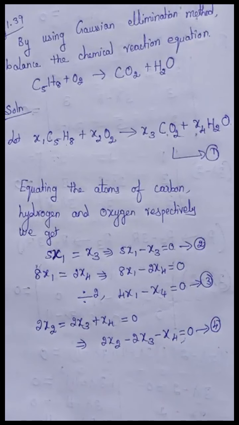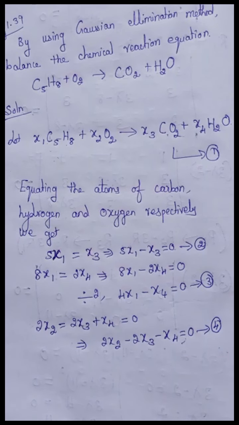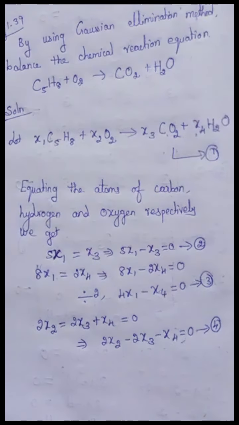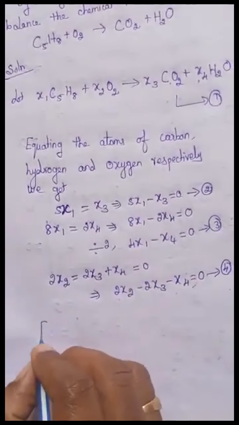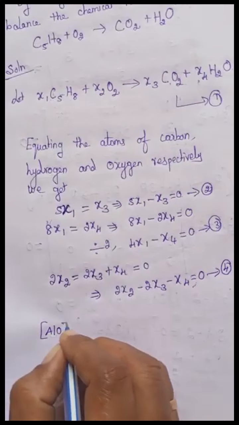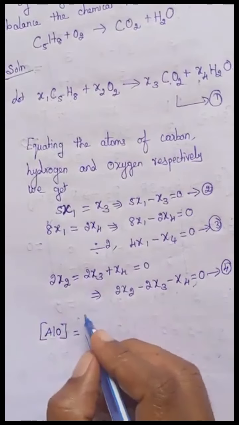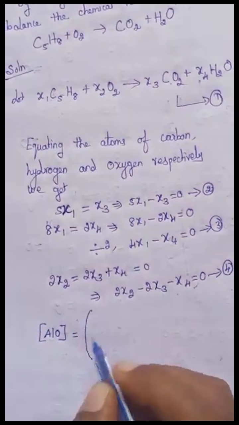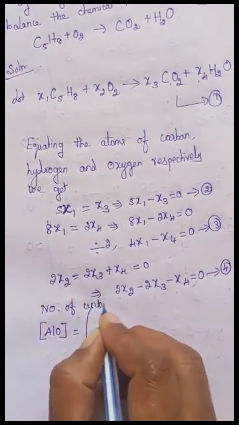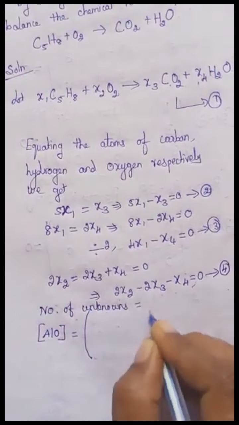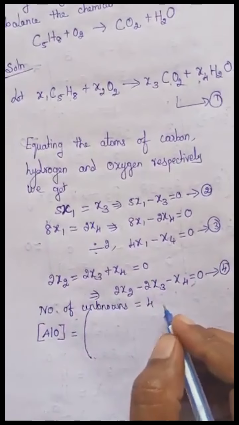Now, as our usual procedure, we have to find it out. So first what we should do, we have to write the given equations in augmented matrix. Shall we write it? Zero is equal to, so we have 4 variables, number of unknowns is equal to 4: x1, x2, x3, x4.